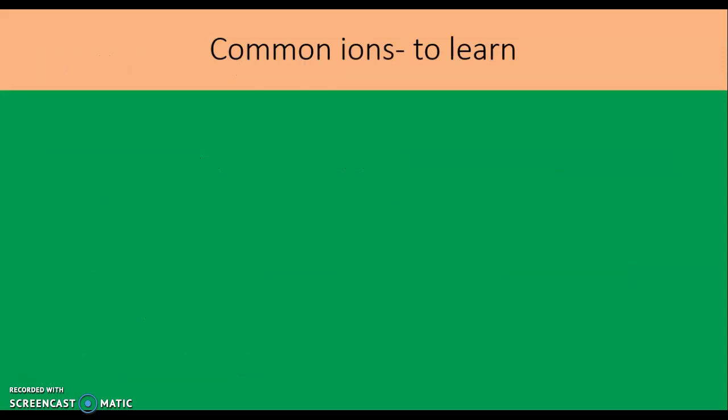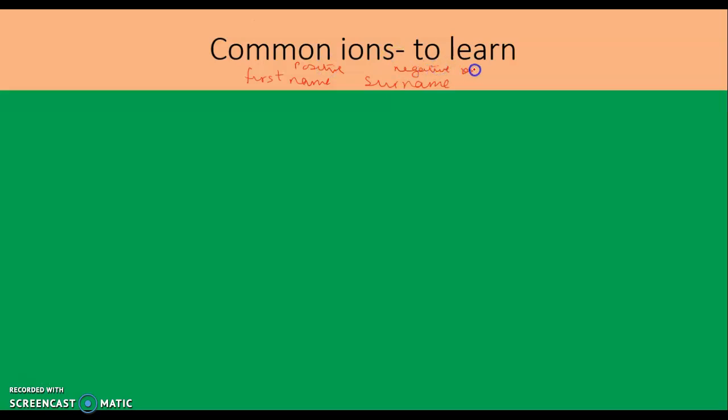When you look at the ionic compounds, because they're made up of ions, just like you've got your first name followed by your surname, same way, an ionic compound's first name is always the positive ion, and the surname is always the negative ion.